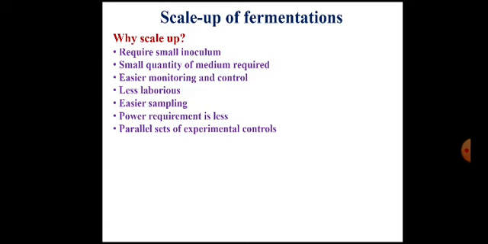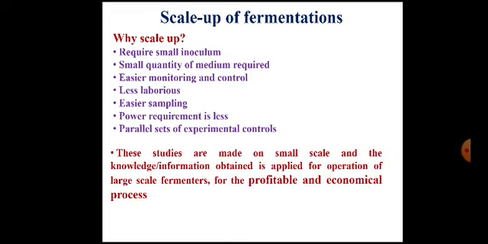The studies are carried out in several fermenters in triplicate, quadruplicate, or many more parallel sets, in order to study the different parameters. So these studies are made on small scale, and the information obtained is applied to the operation of the large scale fermenter for a profitable and economical process.